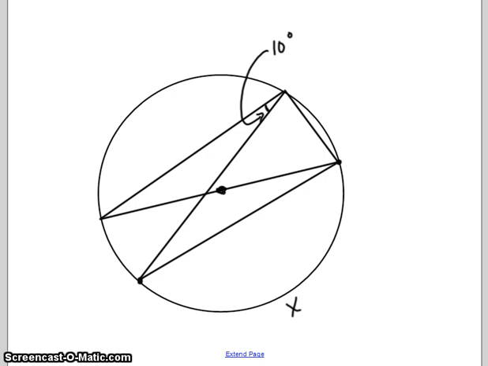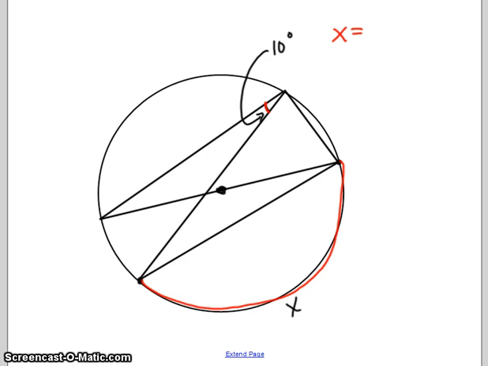Now we have just 10 here, and we have to find out what x equals. Let's try to figure out some of these things. Is x the intercepted arc for anything here?